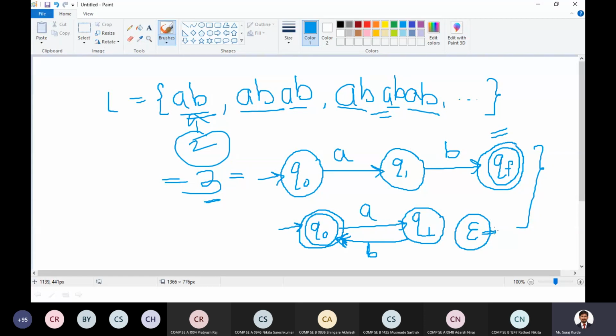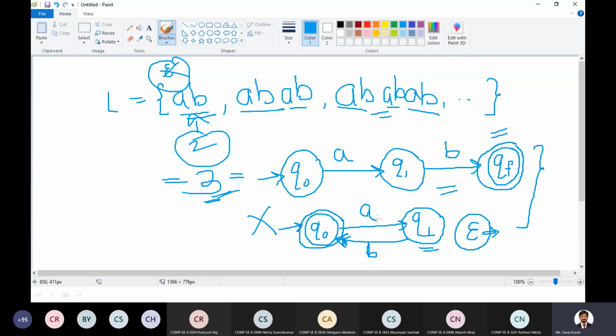So until epsilon is a part of our language, we are not going to draw this one. In the first diagram, for the given language, epsilon is not there. That means the initial state cannot be a final state. So we need 3 states. To understand the difference, I have drawn this.